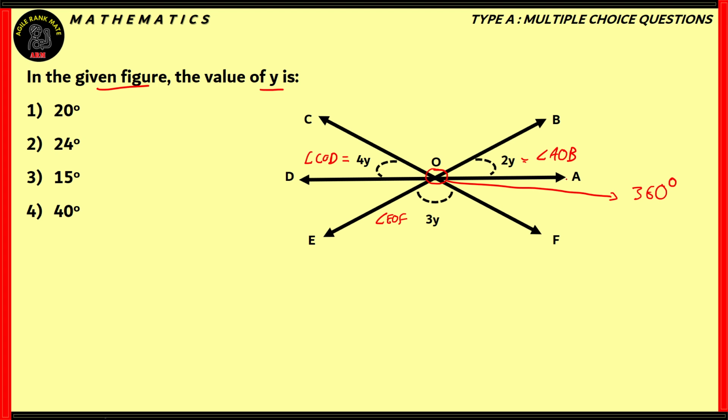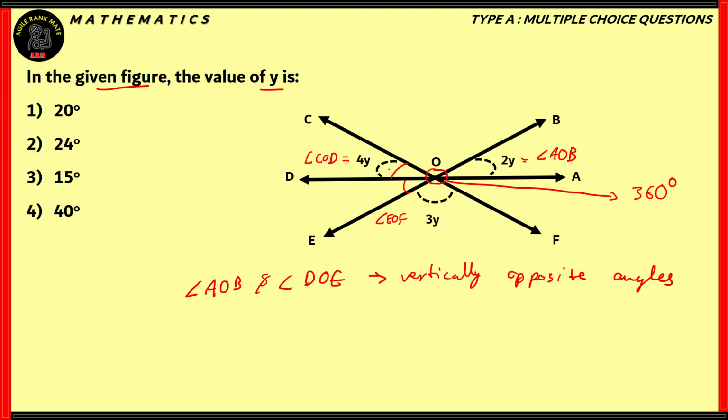Now if you notice, angles AOB and DOE, they are vertically opposite angles. Similarly, angle COD is vertically opposite to angle FOA.